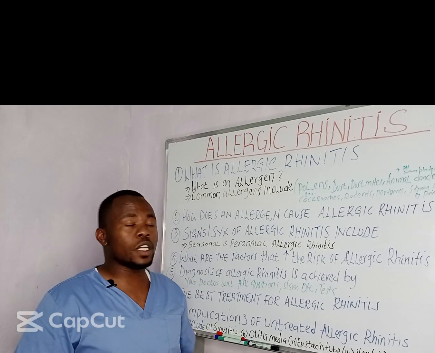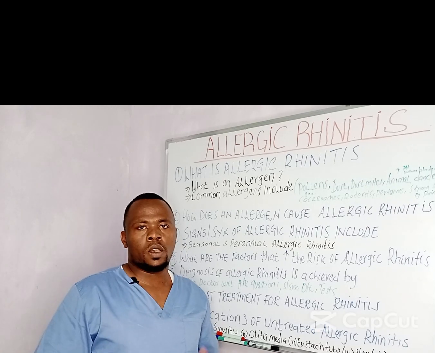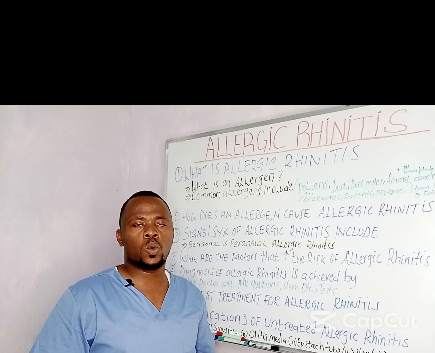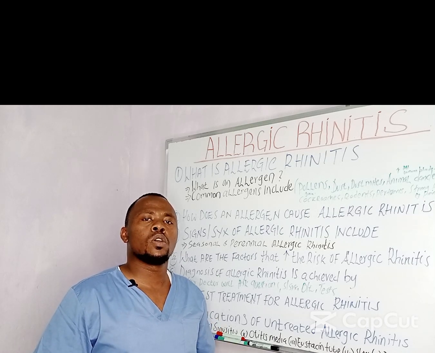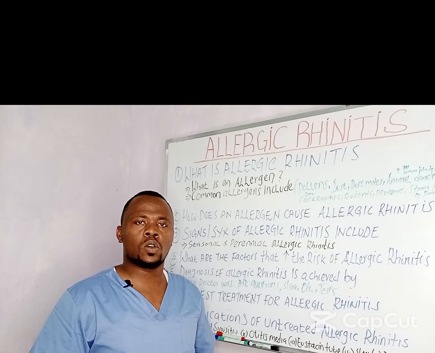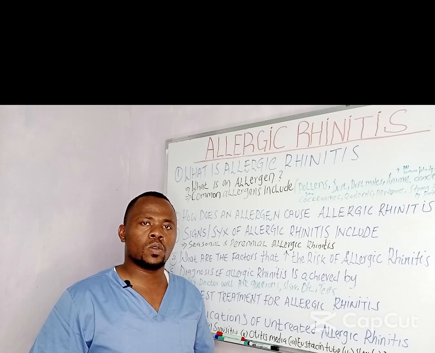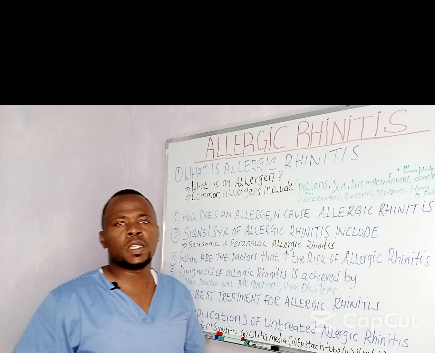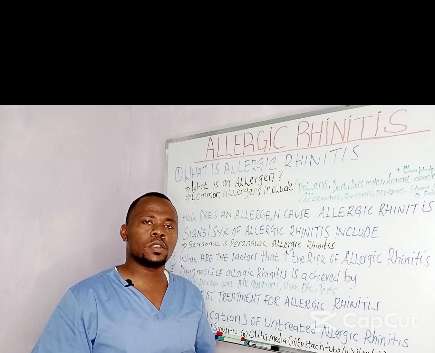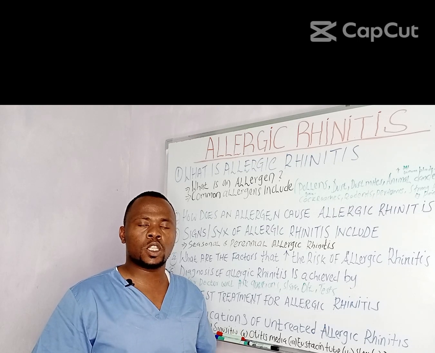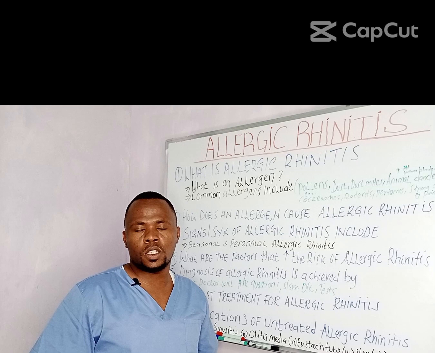How does an allergen cause allergic rhinitis? When you breathe air that contains an allergen, it will land on the mucous membrane that lines your nose. Your mucous membrane contains immune system cells. These immune system cells will mistake this allergen as a harmful substance and respond by producing IgE antibodies.